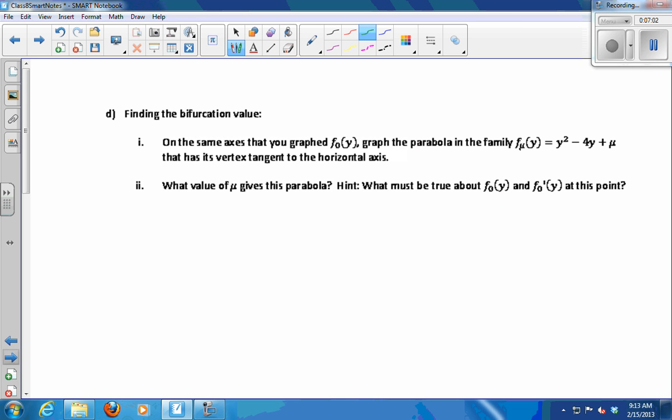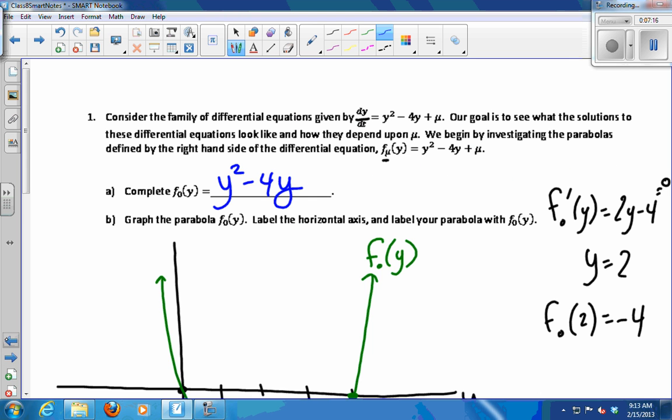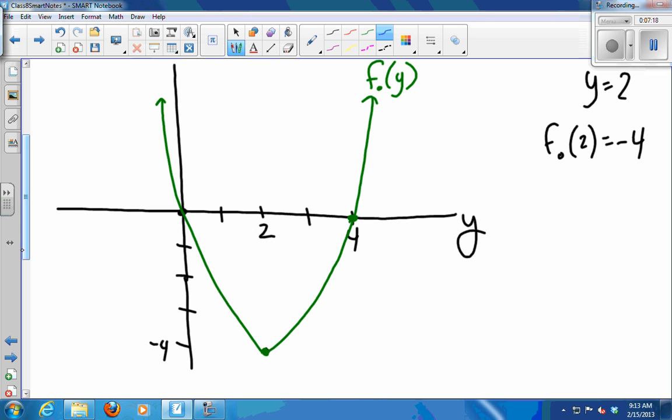Okay. All right, so on the same set of axes, we want to graph the parabola in the family y squared minus 4y plus mu that has its vertex tangent to the horizontal axis. It's going to look just like the thing I graphed, but I want its vertex to be right here, right? So I'm shifting my whole parabola up 4 units.